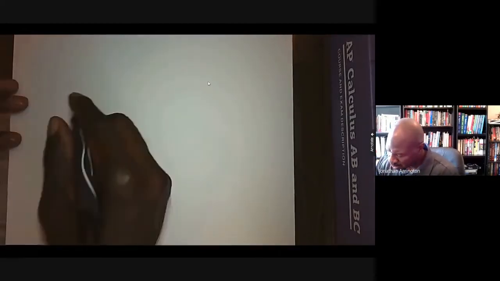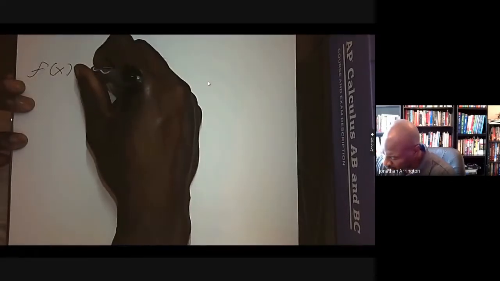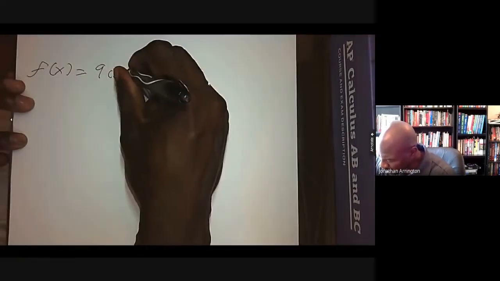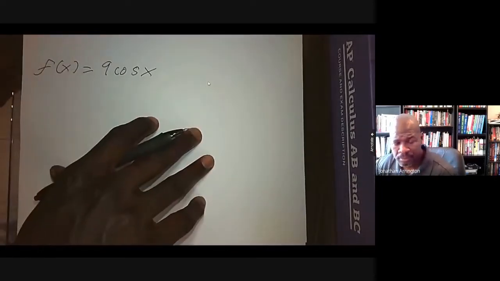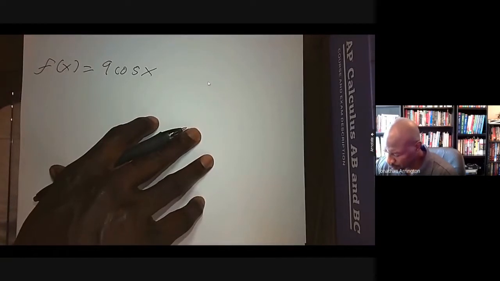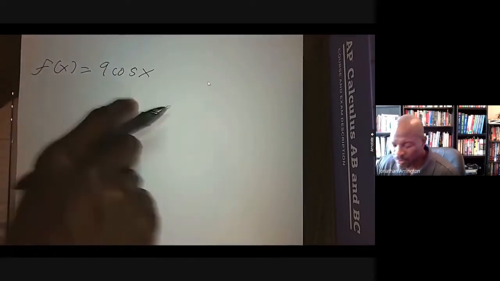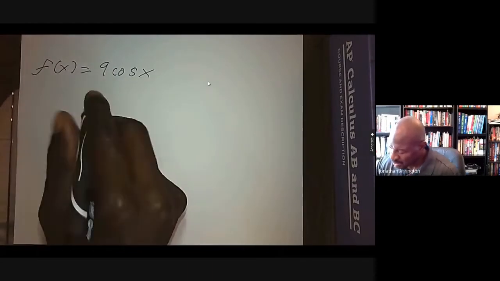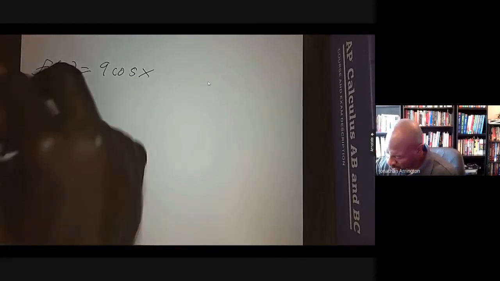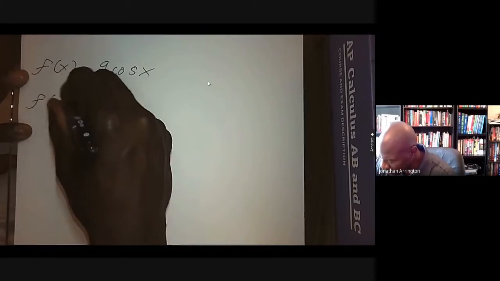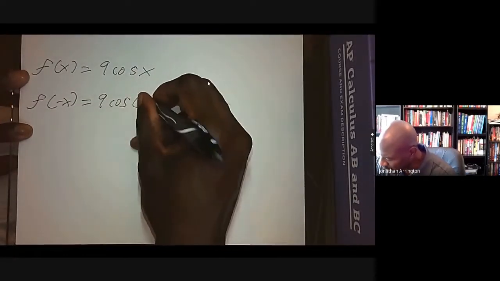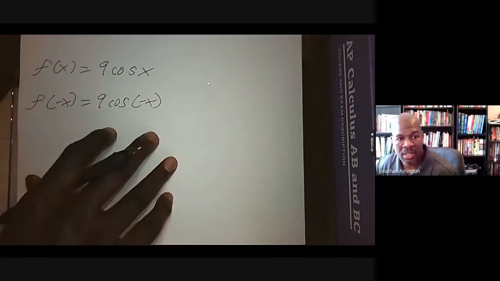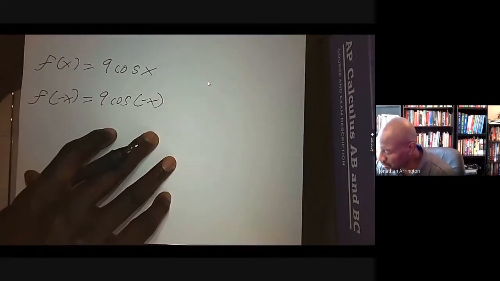For instance, if the function was f of x is 9 cosine x. Now, you may not know what happens right now if you plug in negative x into cosine x, because it's not a polynomial. So you may not understand how that trigonometric function works.